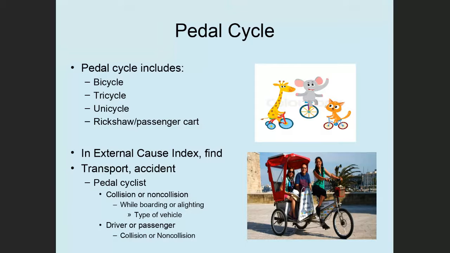But this also includes a rickshaw or one of those passenger carts like this that you sometimes see on the beach or sometimes in big cities. I think of them mostly as on the beach. So in the index, find transport accident, pedal cyclist, collision or non-collision, while boarding or alighting, getting in or getting off, and then vehicle, or driver or passenger, collision or non-collision. So there's several different ways to look these up.